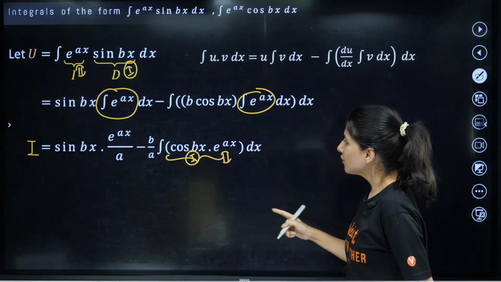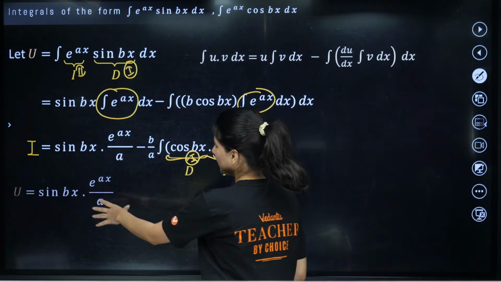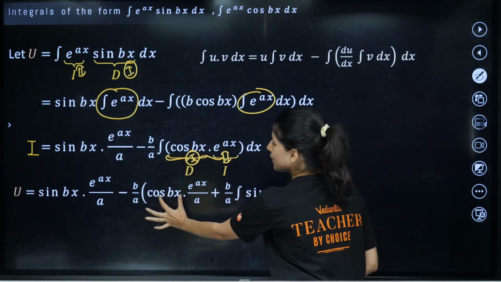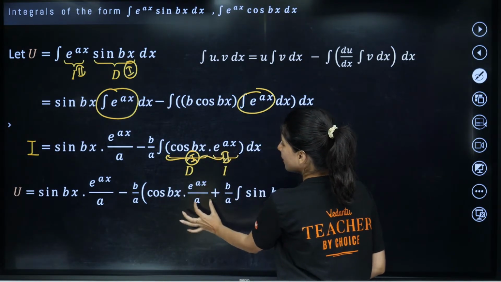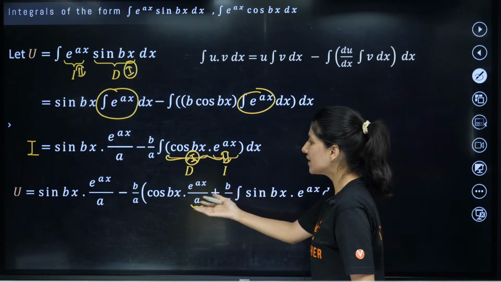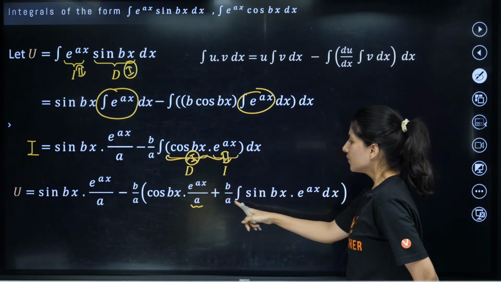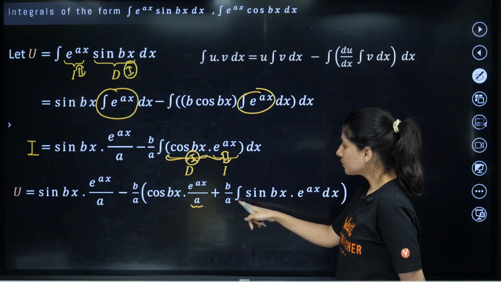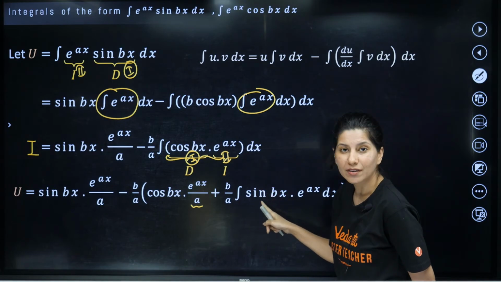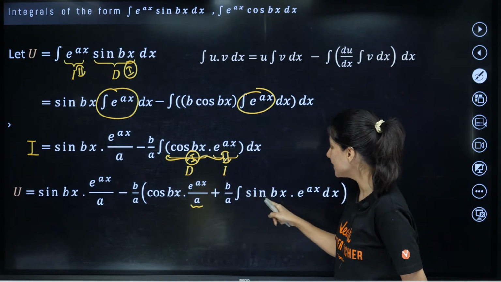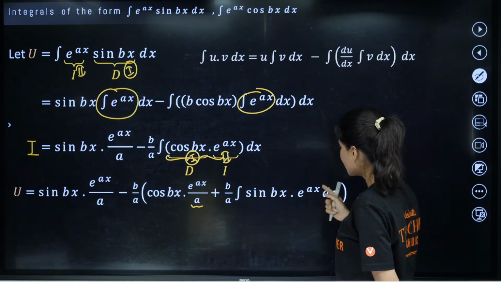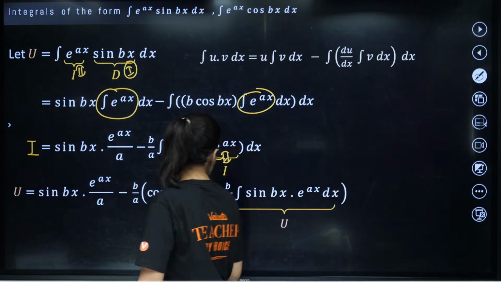Let's copy this: this is as it is, minus b by a as it is. Now, first function constant, integral of e raised to power ax will be this, minus, obviously it will be plus, since the derivative of cos is minus sin, and the integral of e raised to power ax will be e raised to power ax upon a.